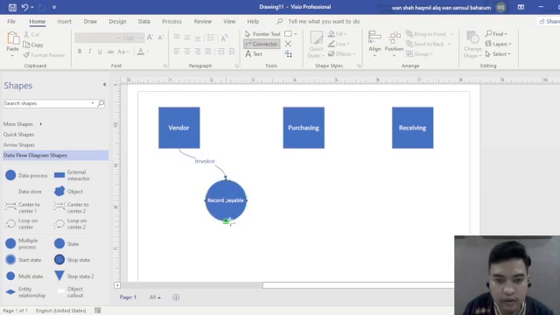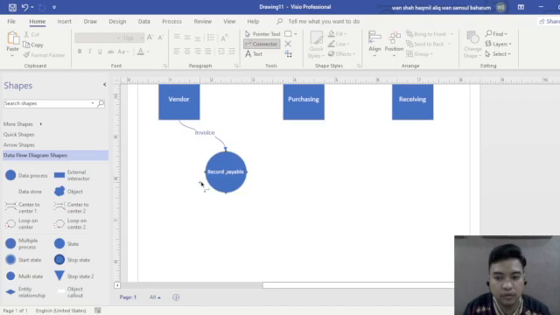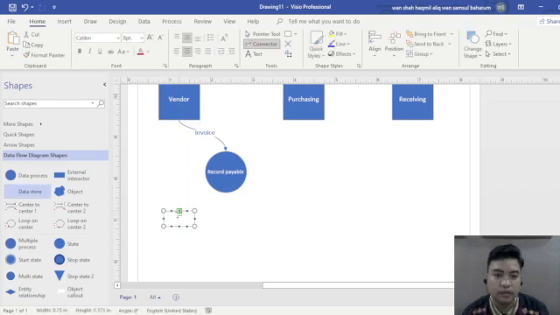From this record payable, we separate two data flows: one to the data store with the name account payable, and another one to the data store with the name vendor invoice. This data store is used for where the system data is stored.